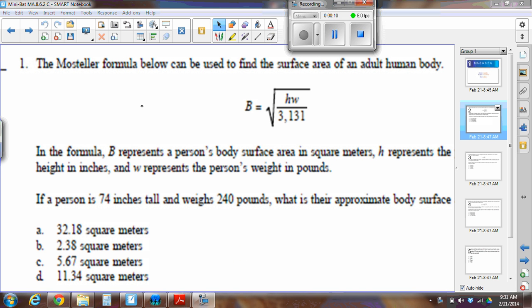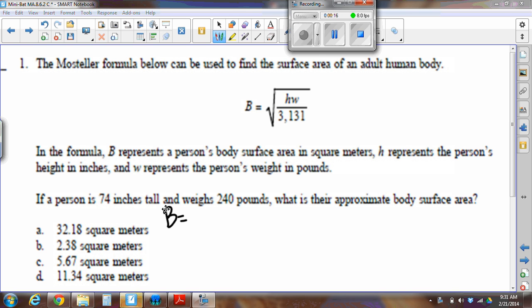So we've seen this problem before, and so the first thing that you should be doing is rewriting the formula. The reason why you rewrite the formula is just in case you make an error, you don't want to have written over the original problem. And so we identified that we needed to know what H and W are.